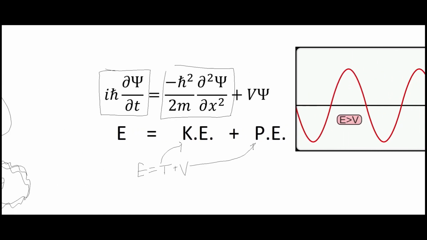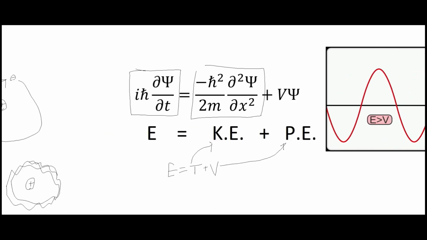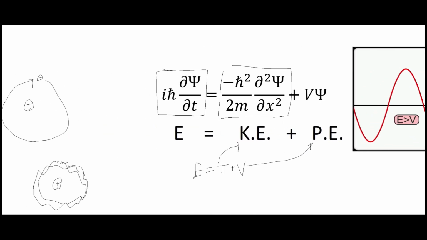So one way to think about this, though: you can imagine that if we have E equals T plus V, then E is necessarily going to be greater than or equal to one of these. If we have no kinetic energy, then E would be equal to the potential energy. But if there is kinetic energy, then it would have to be greater than the potential energy.